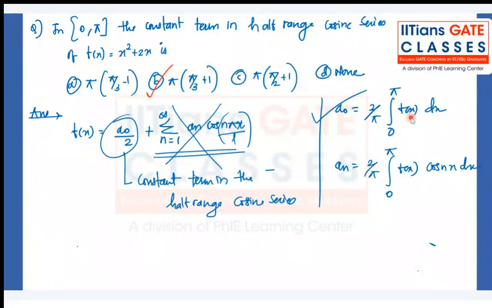So let's calculate a naught. How will you calculate? 2 by pi, integration 0 to pi, f of x, in this case, is x square plus 2x dx. Integration of x square plus 2x is x cubed by 3 plus x square, and put the limit 0 to pi and get the value of a naught.